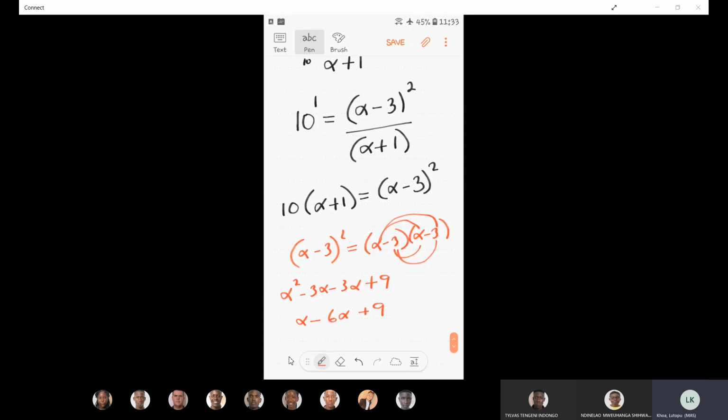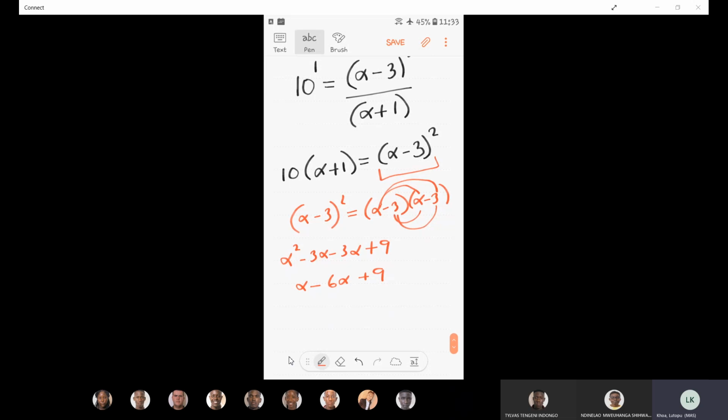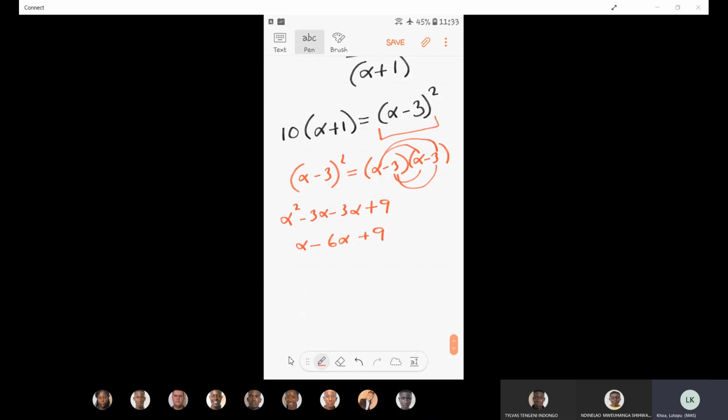So that is what I will substitute over there. So when I do that, what I get is this. The 10 should also multiply out. So I have 10 alpha plus 10. This is equal to alpha squared minus 6 alpha plus 9.